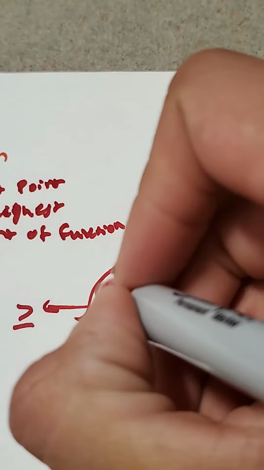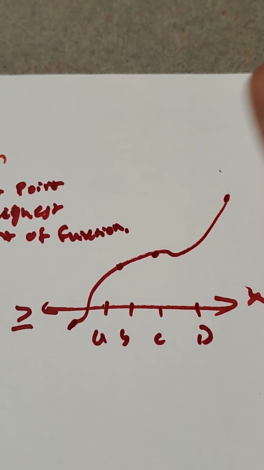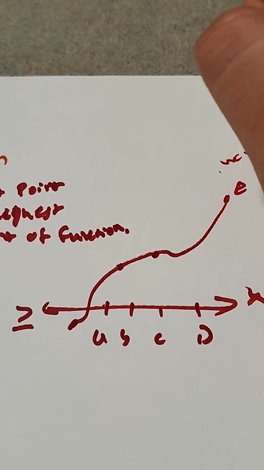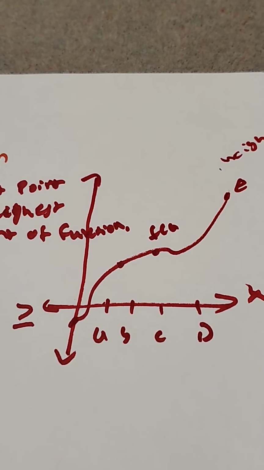So A, B, C, D. Whereas the range is the lowest point to the highest point. So this would be the highest point, f of A. So we consider the y-axis for the range, and the highest y value is in the range.